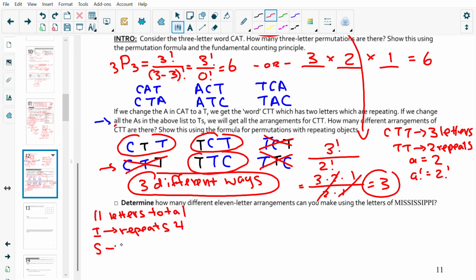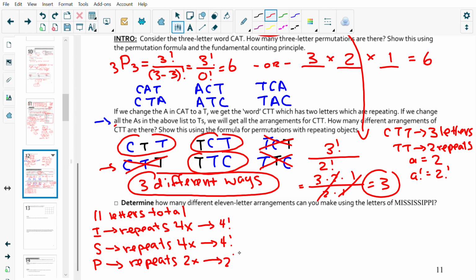Letter S repeats 4 times. And the letter P repeats how many times? 2 times. So that is 4 factorial, 4 factorial, and 2 factorial.